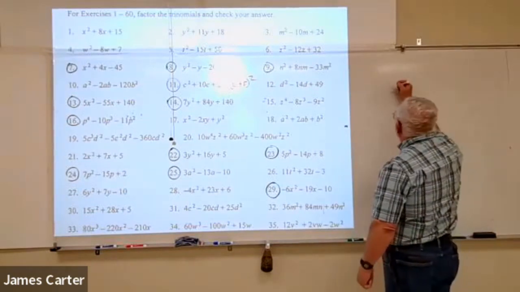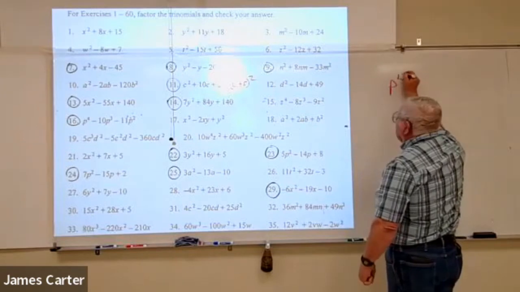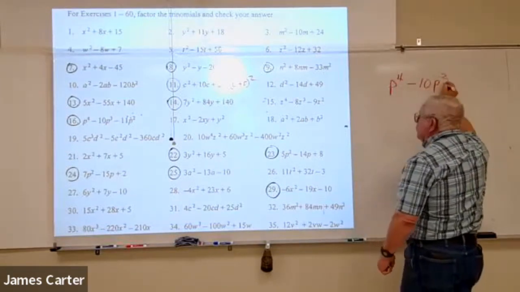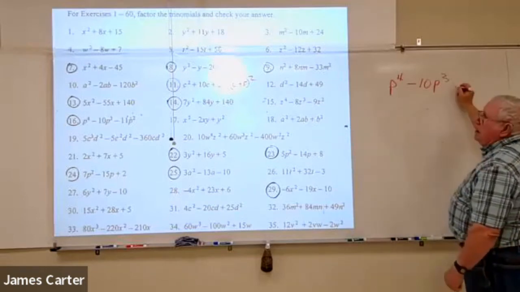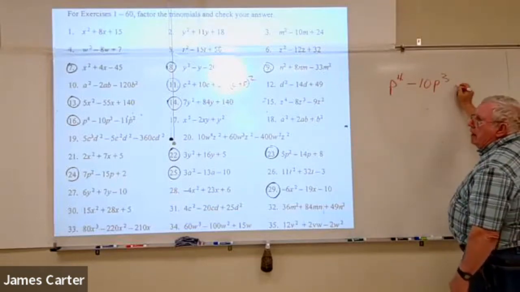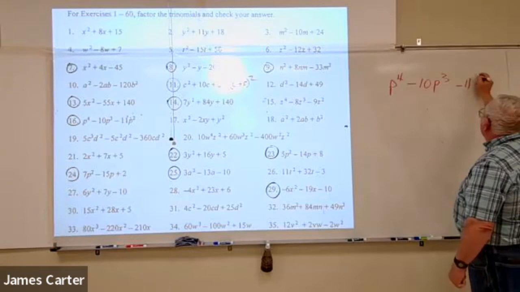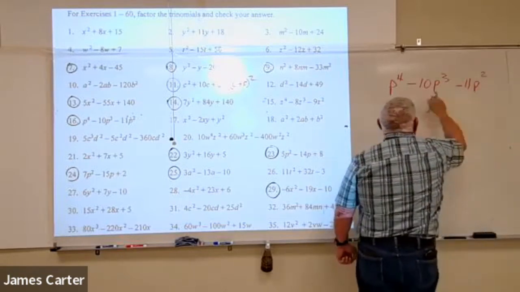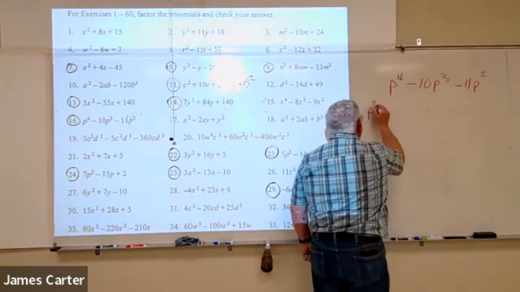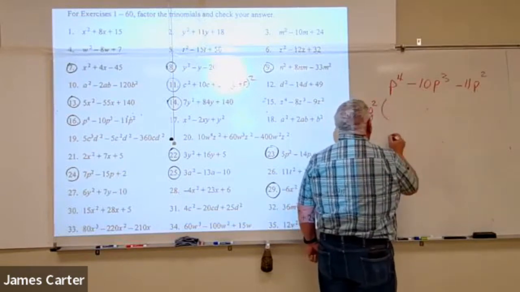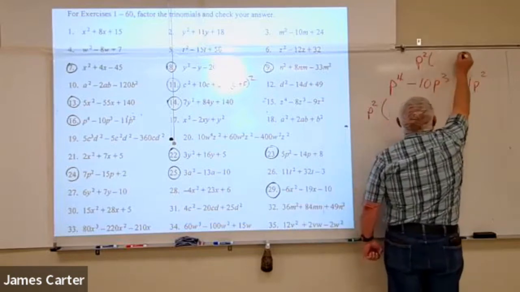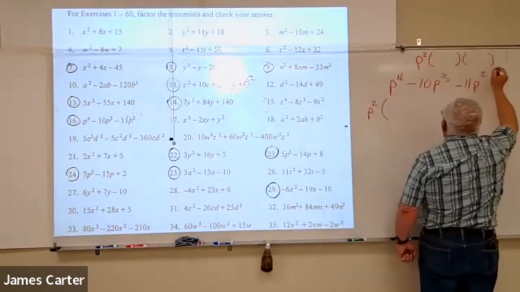In this case, we got p to the 4th minus 10p cubed minus 11p squared. Well, I can take a p squared out of all of those. So my final answer is going to look like p squared times this times that.